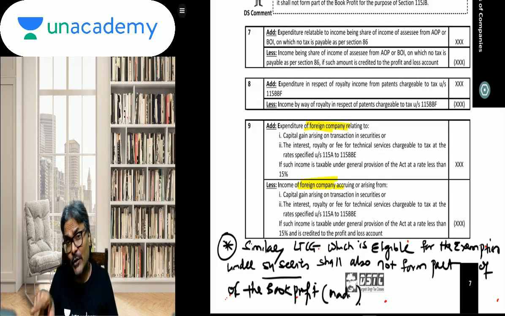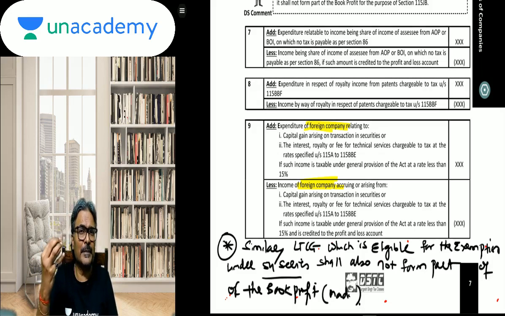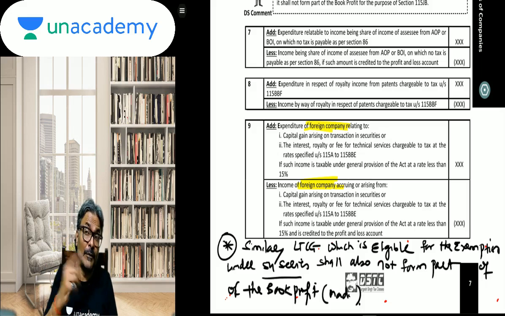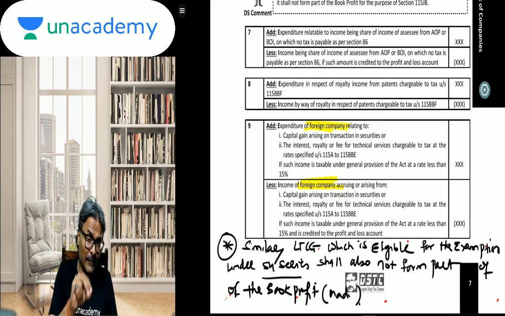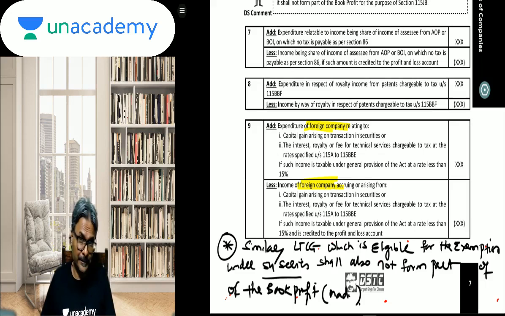And if the AOP is taxed at MMR, then the share of profit received by the member from the AOP will not form part of the total income. That is as per section 86. The share of profit received by the members from the AOP, where the AOP is charged at MMR, will not form part of the total income.